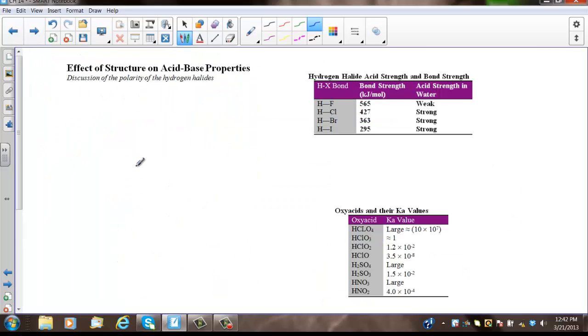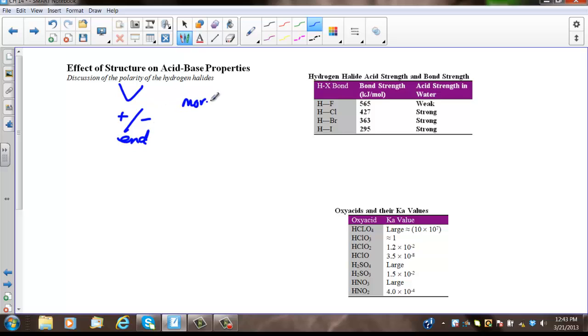Let's talk about the effect of structure on acid-base properties. This comes up once in a while. You might see one multiple choice question on the AP exam about this. So when we talk about polarity, we're talking about a positive, negative end on a molecule.